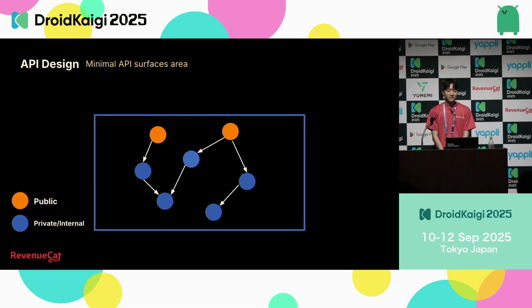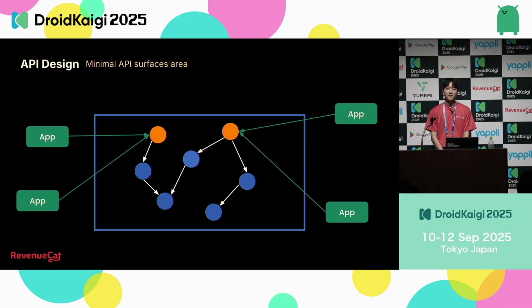Now imagine only the orange ones are public, and everything else is for internal use inside the library. Since we've limited the public API to the orange ones, library users can access only these orange ones.